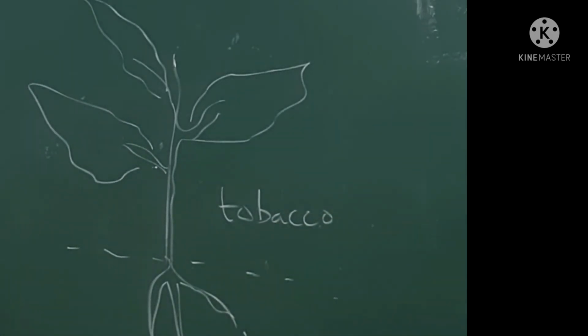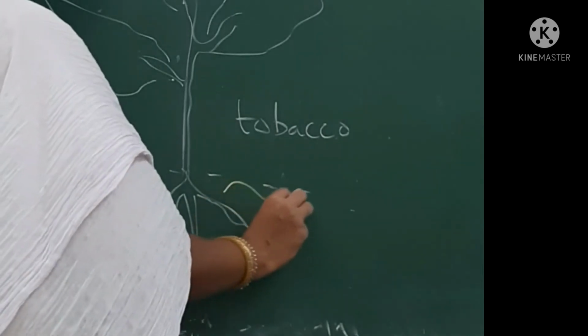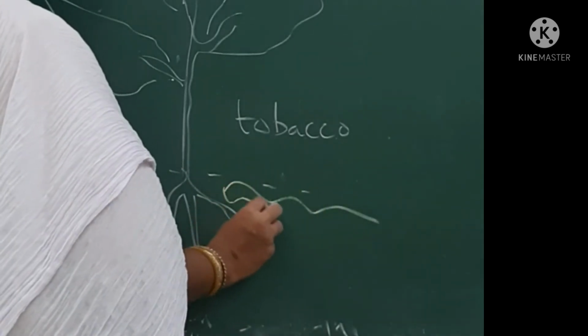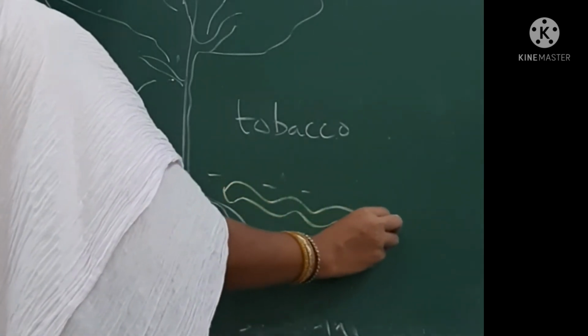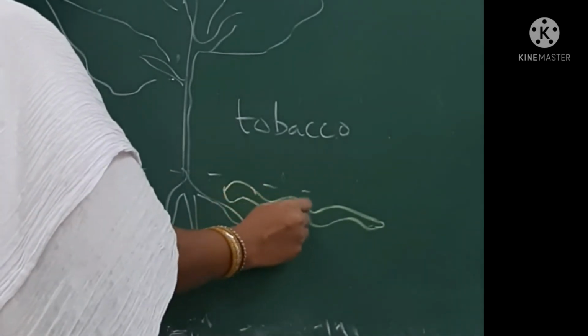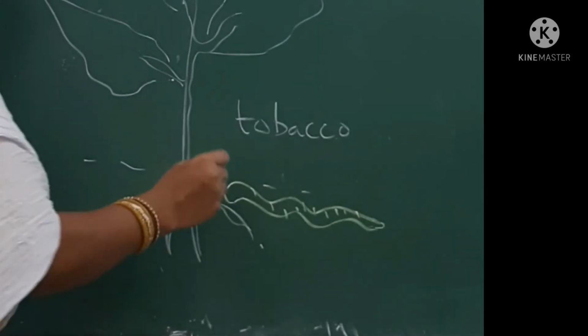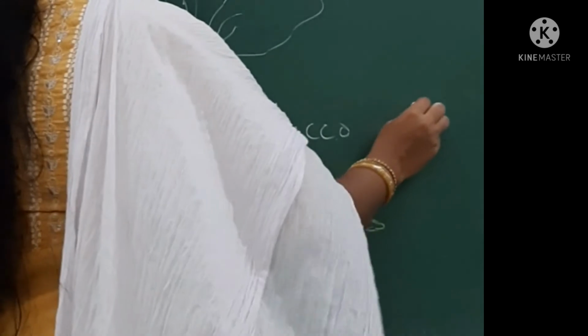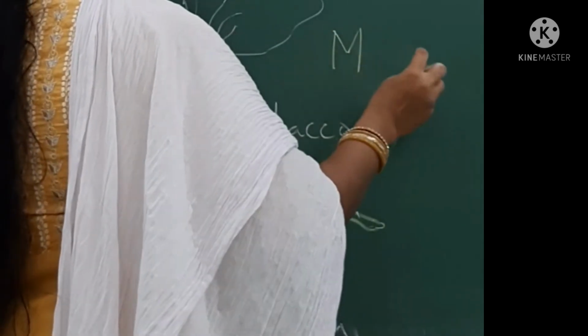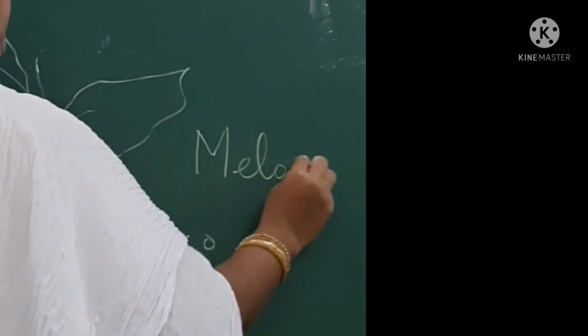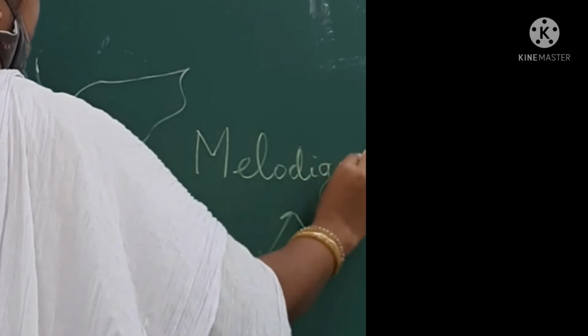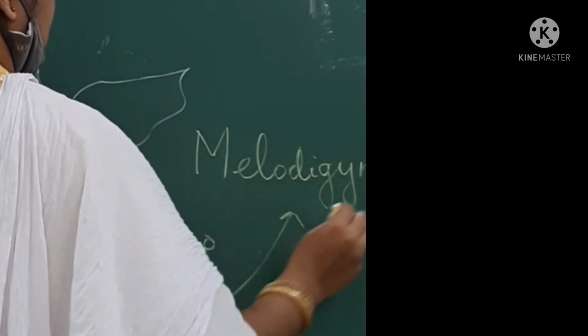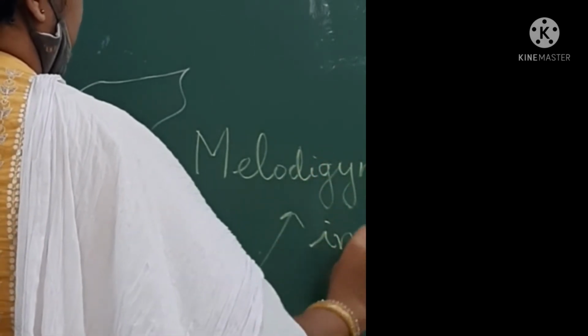Suppose this is a tobacco plant. There is a worm that is infecting the roots of these tobacco plants. This worm's name is Meloidogyne incognita.